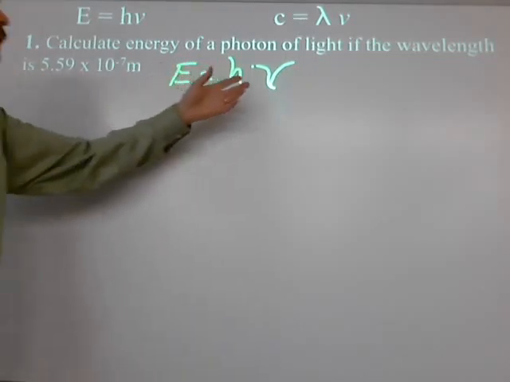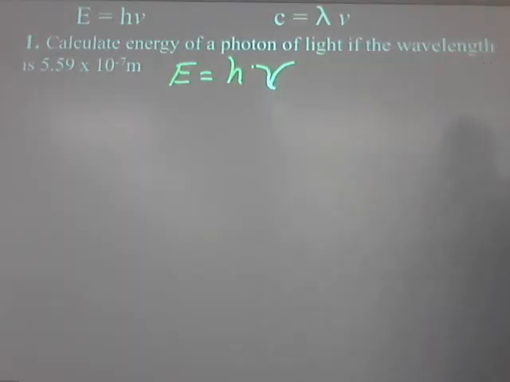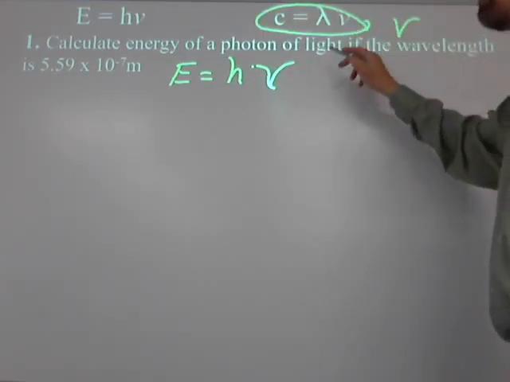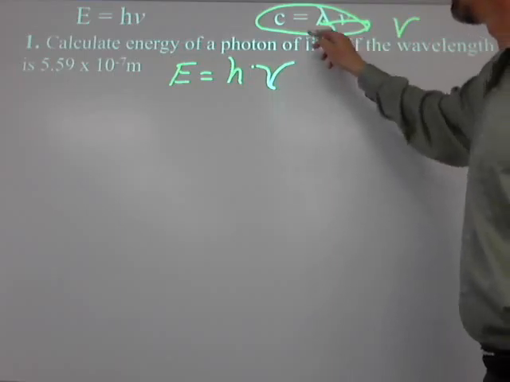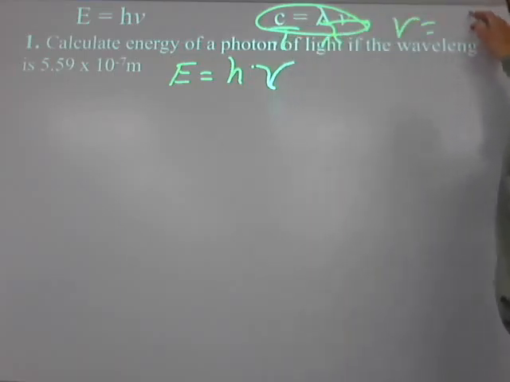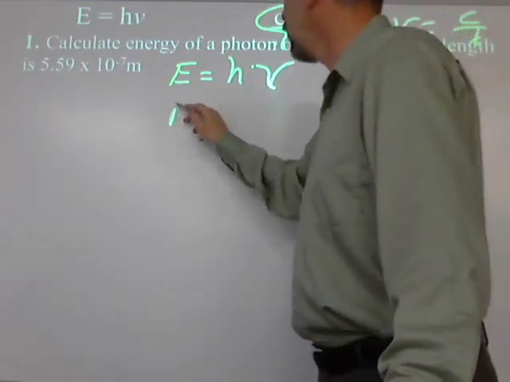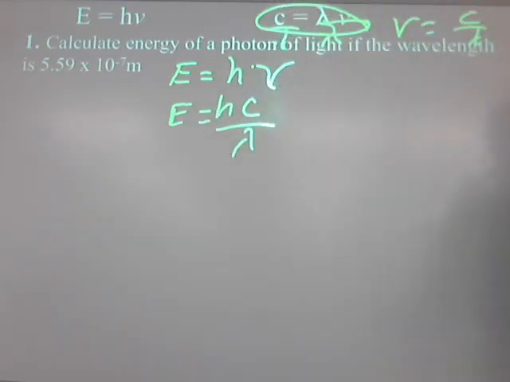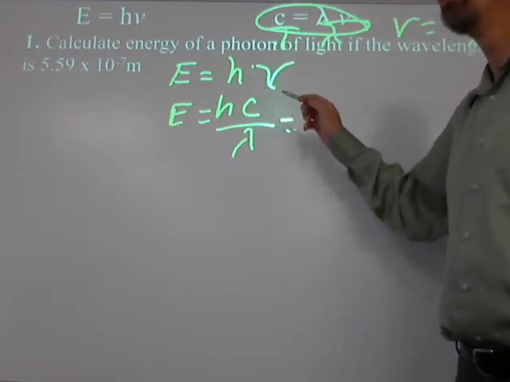I could substitute in the formula for frequency. Can I get frequency from that? Sure. You're going to divide both sides by wavelength, so frequency would be c over wavelength. So E would equal hc over lambda, which is exactly what I gave you when we had that in Chem 1.